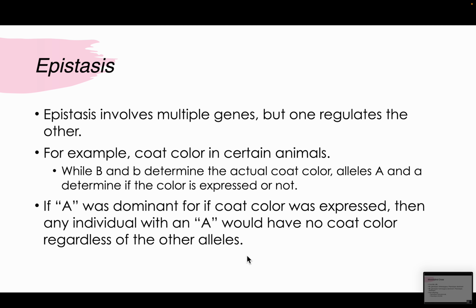But if I have something with two little a's, then I have to go to the next step and figure out what coat color it'll be. So it's basically this switches one on or off, and then depending on whatever you're looking at, you go on to the next step and figure out coat color. I don't know, something along those lines.